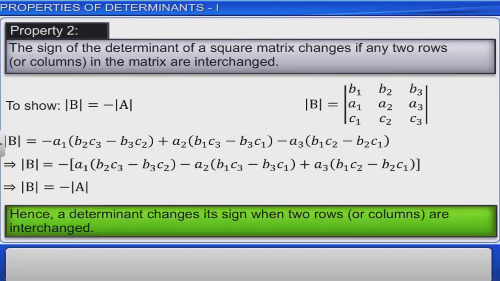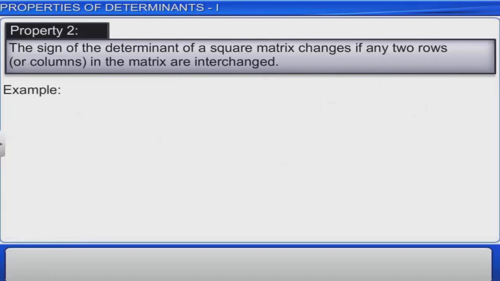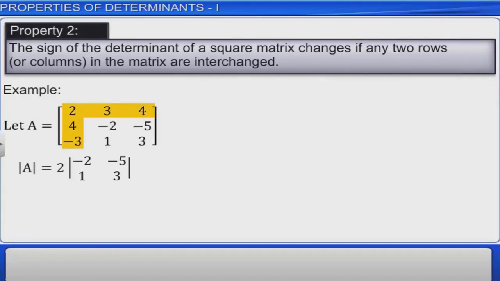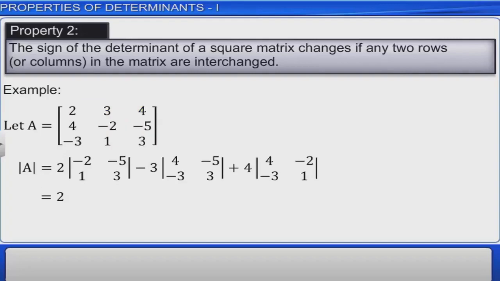Let us now verify it by taking an example. Let A be a 3 by 3 square matrix as shown. On evaluating determinant A along the first row, we get its value equal to minus 1.